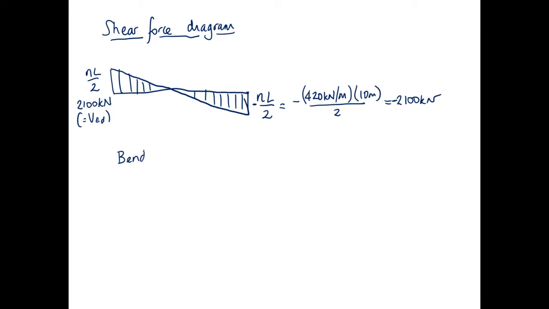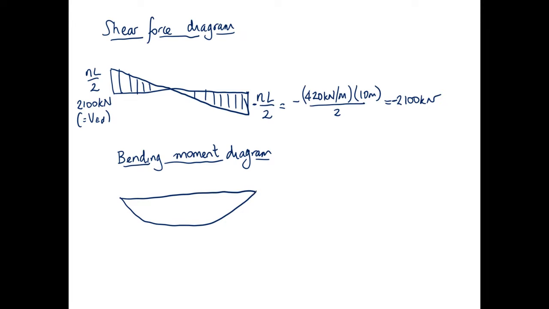And the bending moment. This is your demand on your member. The bending moment diagram, again, is for a 10 meter span. We can take the area under the shear force diagram, or we just know, because we do this so many times, that the moment is equal to the load in kilonewtons per meter times the length squared divided by 8.